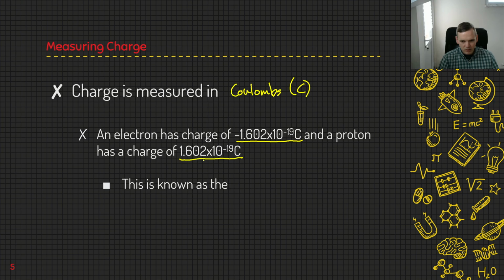This amount, 1.6 times 10 to the negative 19th, is known as the fundamental unit of charge. That's because it's the smallest amount of charge that can exist.